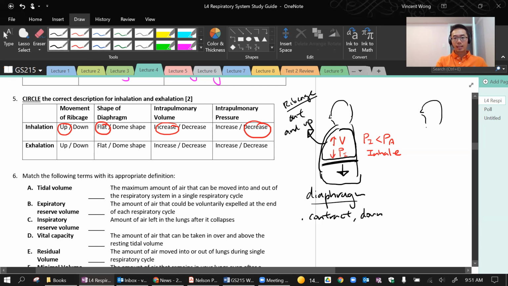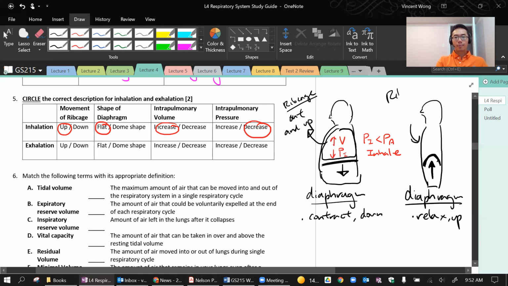On the other hand, if you want to breathe out, okay, what you're gonna do? Well, again, this is exaggeration. What you're gonna do is push your diaphragm back up, right? So your diaphragm will relax, and then it will move up, and then your rib cage is going to come in and down, right?